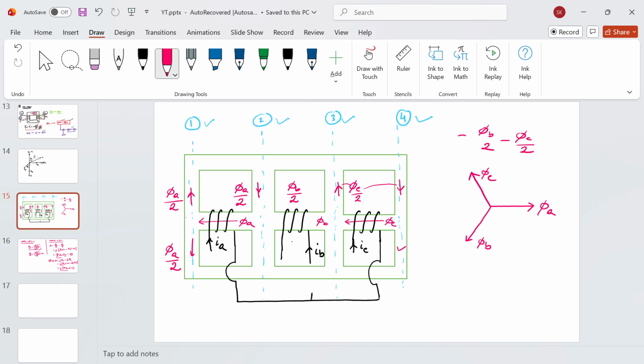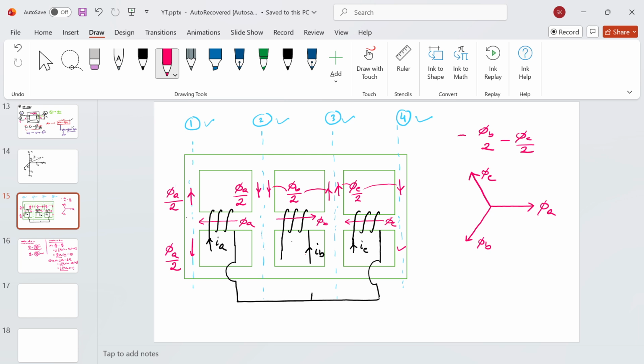So the flux that gets produced in phase B will be in this direction.